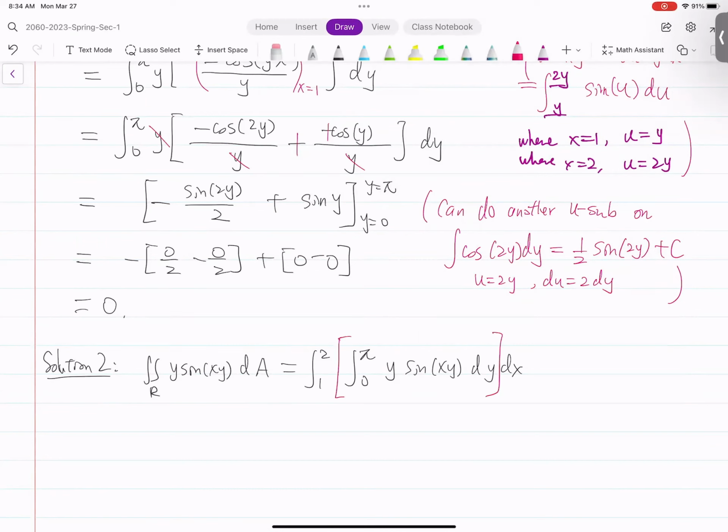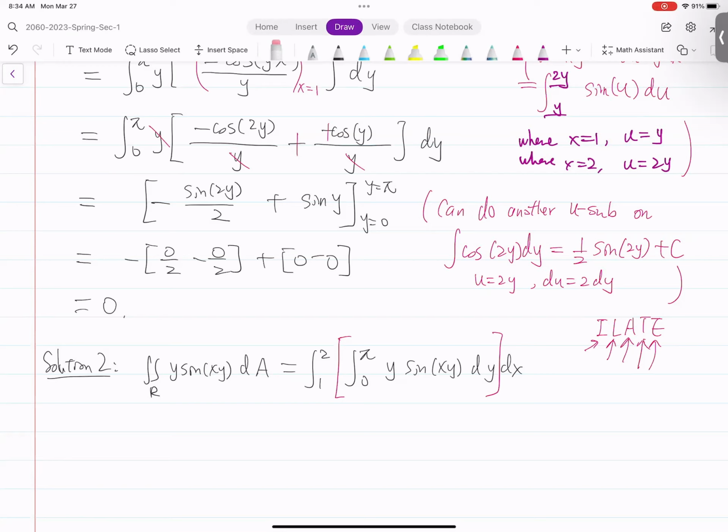We have to look at this inner part first. And for integration by parts, if you recall, there's a rule called ILATE: inverse trig, logarithmic, algebraic, trig, and exponential.